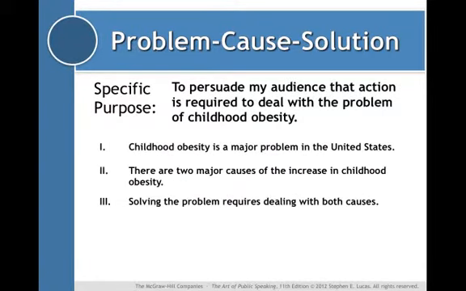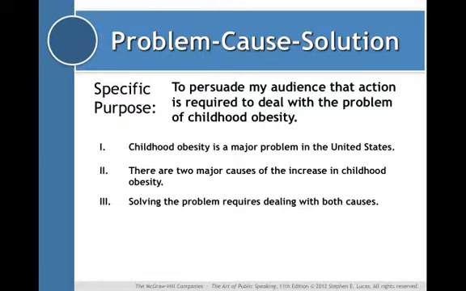Then we have problem, cause, solution. Sometimes it's necessary for the audience to understand the causes of the problem in order to understand how the solution is going to fix the problem. There are 3 main points in this pattern. The first main point shows the existence of the problem, in this case, childhood obesity. The second main point analyzes the causes of the problem. It looks like there are 2 causes of childhood obesity, and I'm going to go out on a limb and say that they are probably lack of exercise and poor eating habits.